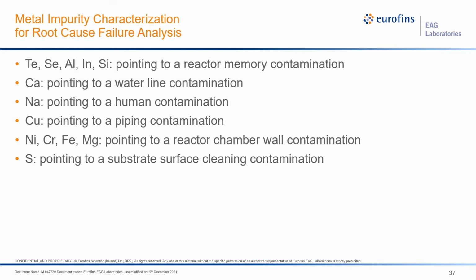The point is, depending on what impurity we find at what location, we can make a suggestion of where the source of the contamination is. So I would highly encourage anyone who's having issues with their pHEMT structures to do this kind of impurity study to really pinpoint what is happening in a failed pHEMT device.